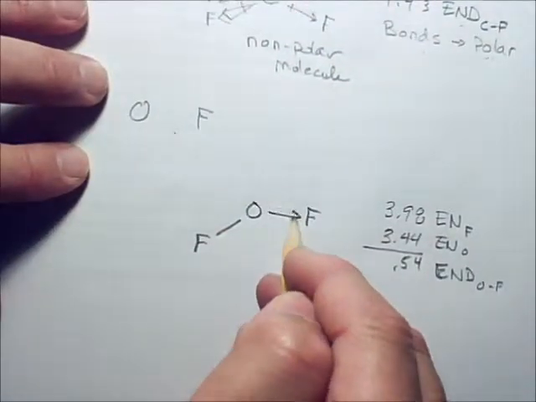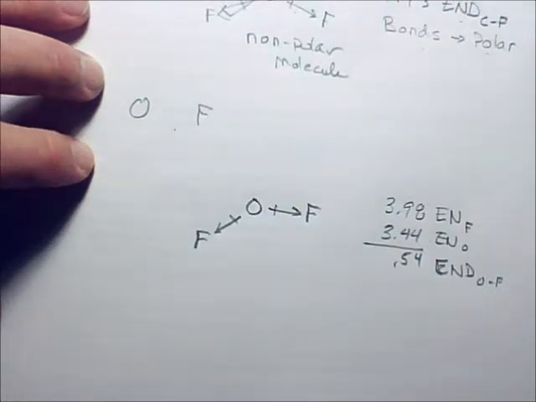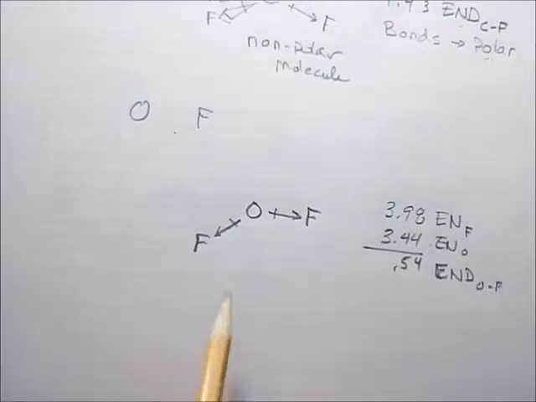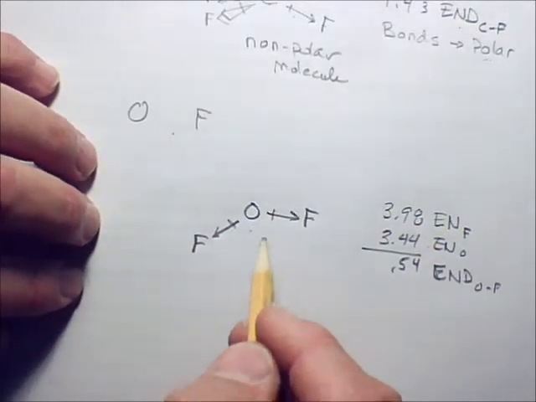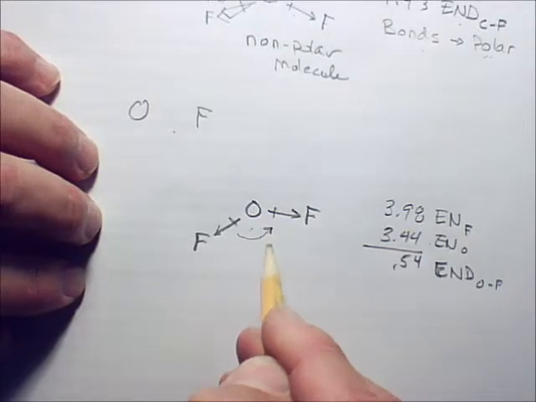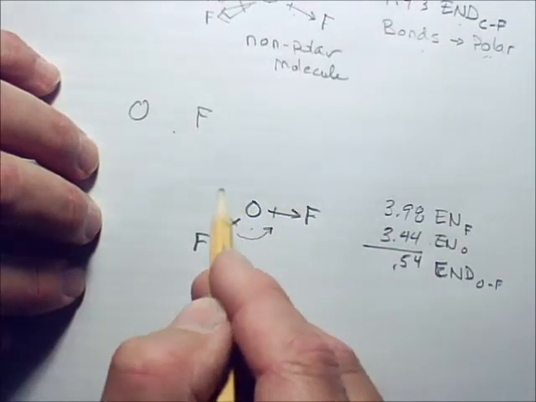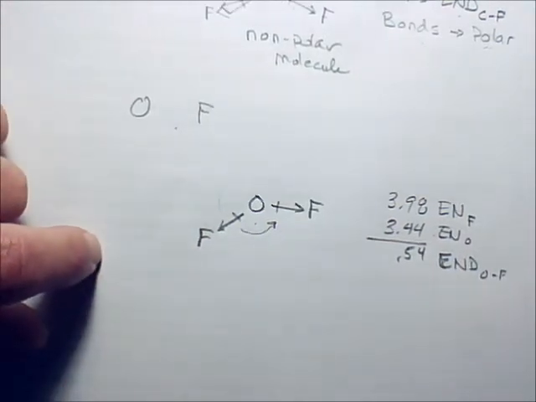So these are polar bonds, but look, they are not evenly distributed. This is an uneven distribution. Okay? So, why? That's right. 109.5 degrees here, but nothing up here. Okay? So that's going to be a polar molecule.